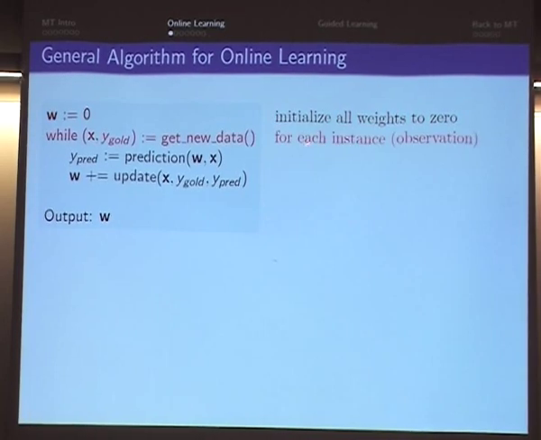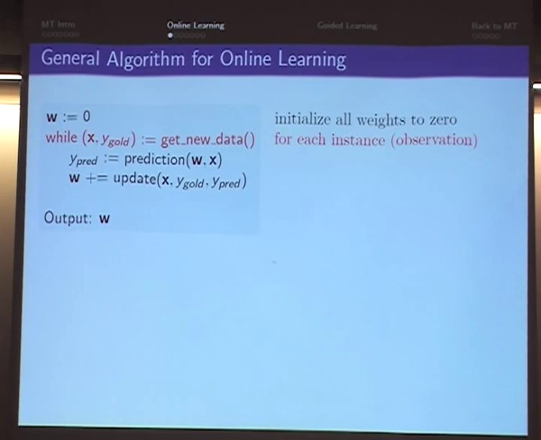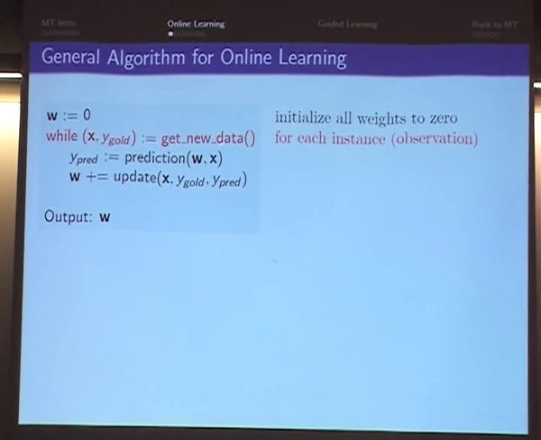And then you get an instance or observation, and it's a supervised task, so you want to find a label for this observation, but the idea is that you get just one observation at a time. So here I don't use any subscript, just X is the observation, and Y for simplicity, I use gold as the correct answer, the correct label.